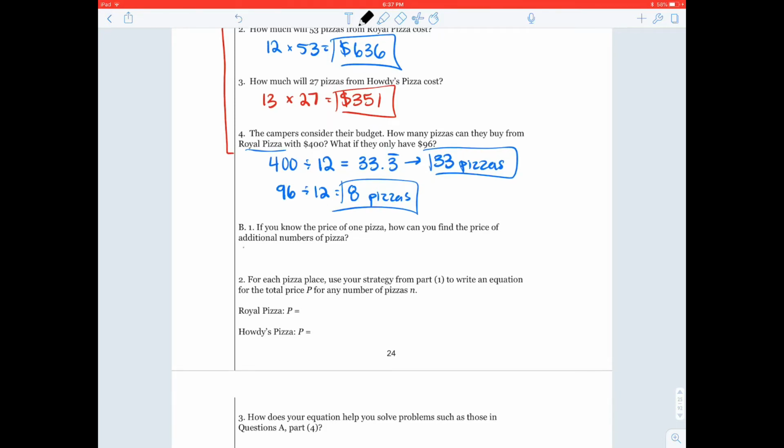All right, hopefully you said something along the lines of, we are going to multiply the price of one pizza by the number of pizzas. I don't have any space, so I have to go all the way over here. So multiply the price of one pizza by the number of pizzas.